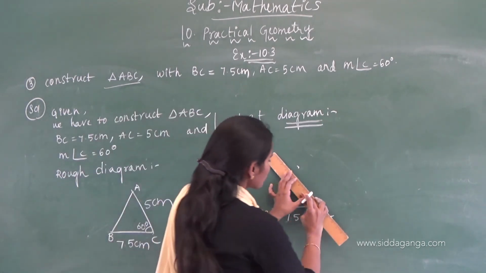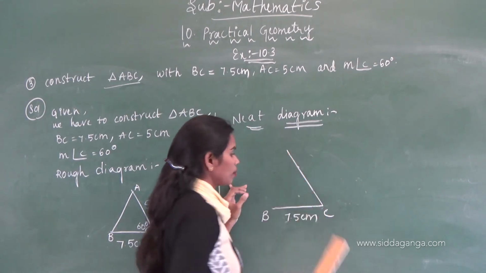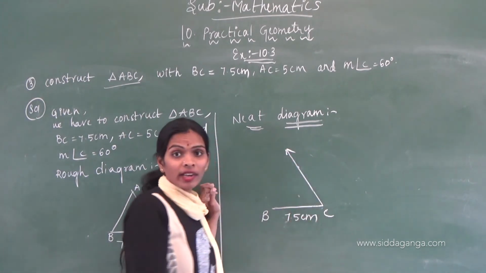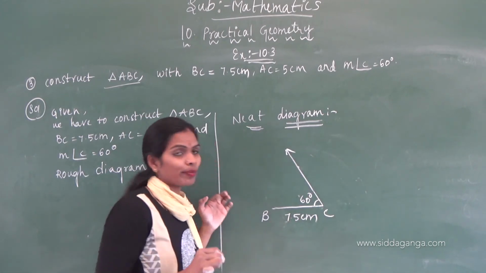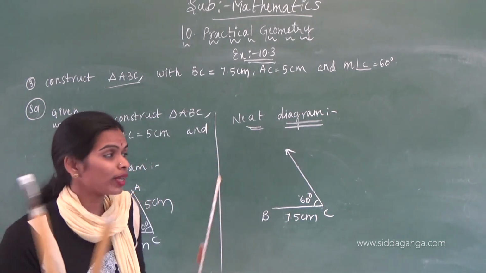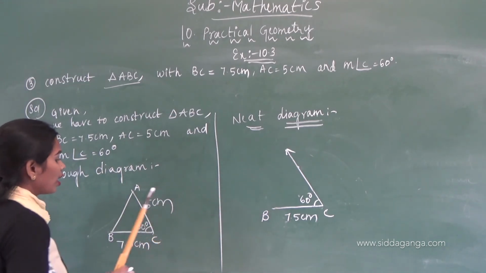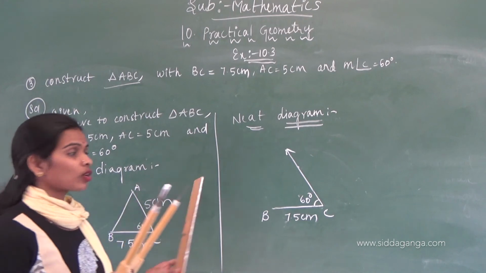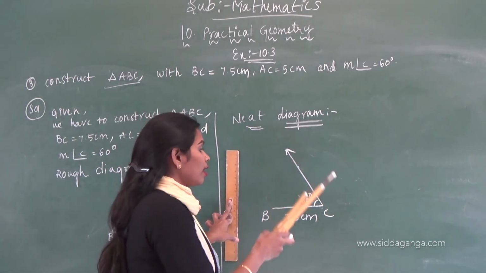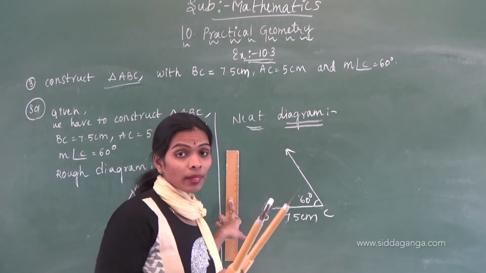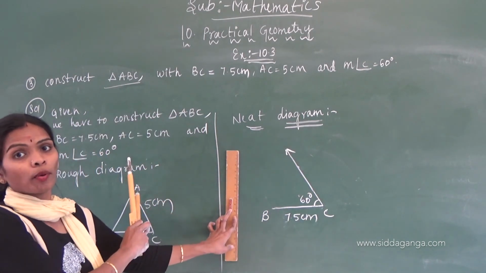I am taking one ray through C which will give us 60 degrees of angle with BC, and then we have to measure AC and cut this ray with 5 centimeters. The intersection of the ray and the arc will give the point A.